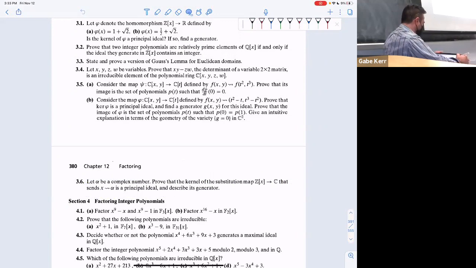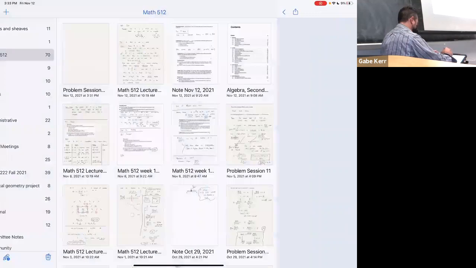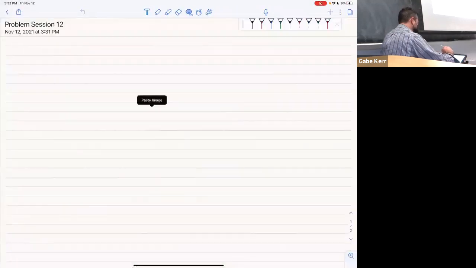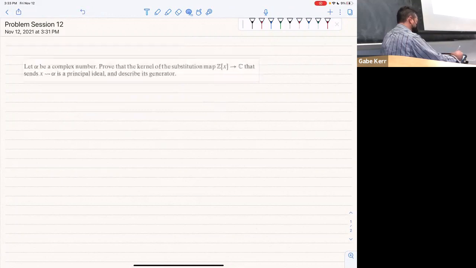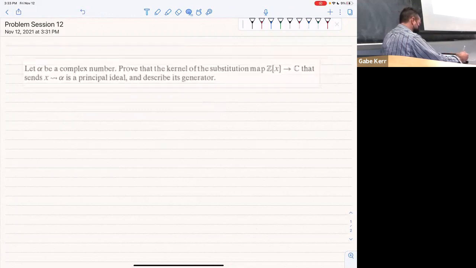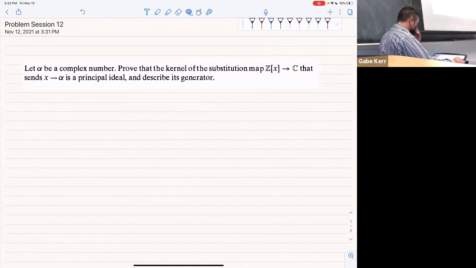So one of the things about this, I think it is trying to illustrate, is first of all that there are ideals in the effects that are not principal.